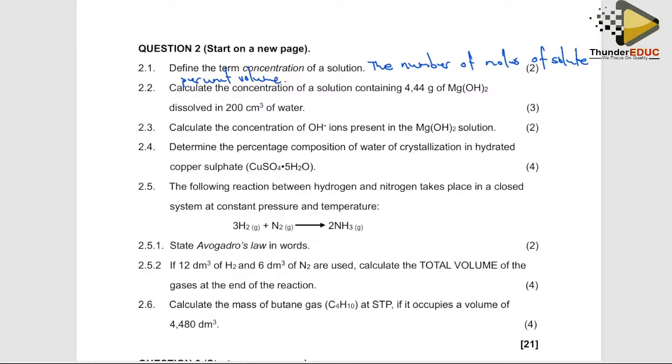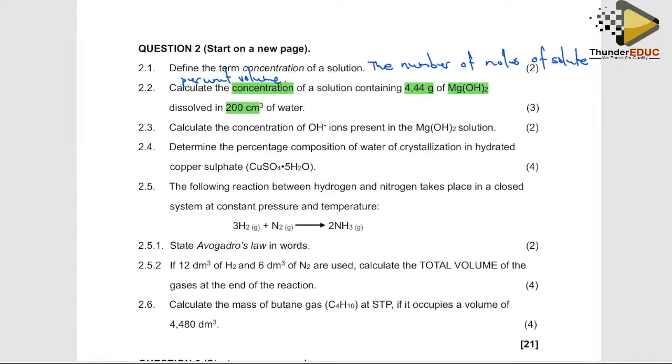Then 2.2 is there, calculate the concentration. So we're asked to calculate the concentration of a solution containing 4,44 grams of magnesium hydroxide dissolved in 200 cubic centimeters of water, right? Therefore, allow me to use this page for 2.2.